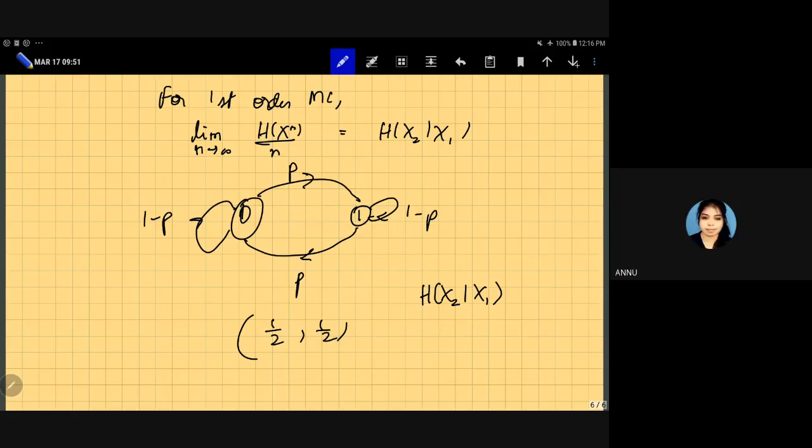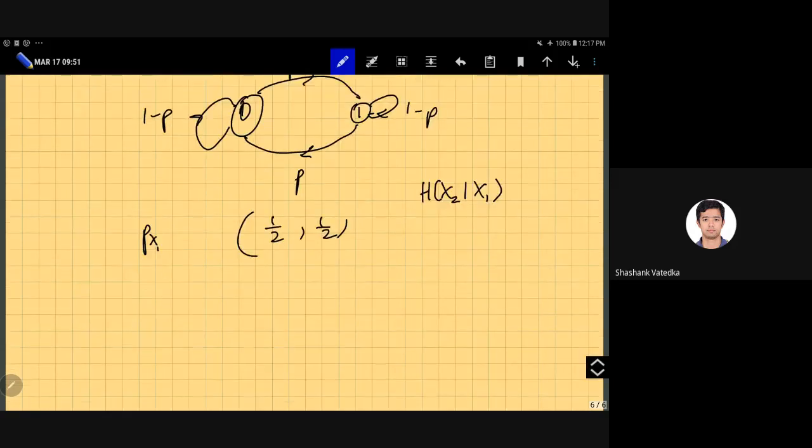No, sir, for this 1/2. No, p is not 1/2, right? In the question, it is given 1/2. That is the initial distribution, right? The transition probabilities could be something different.